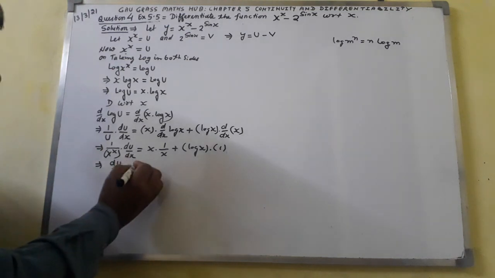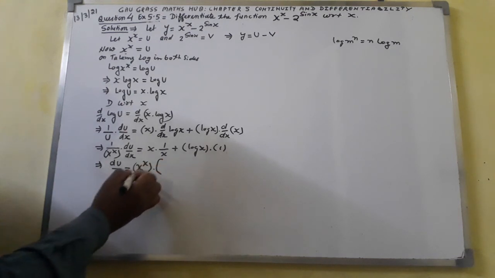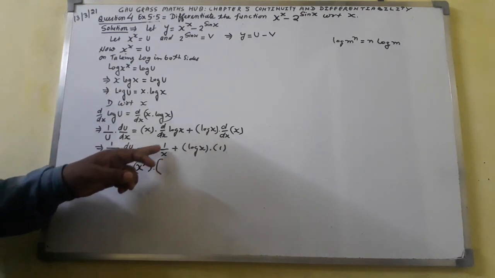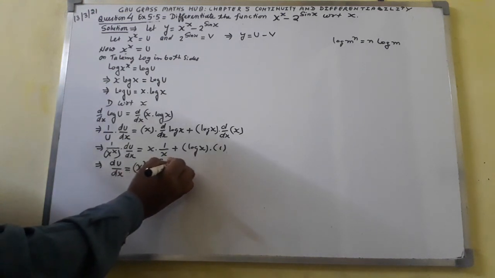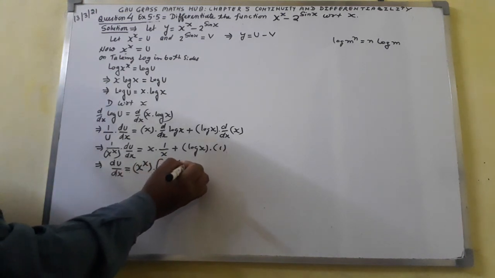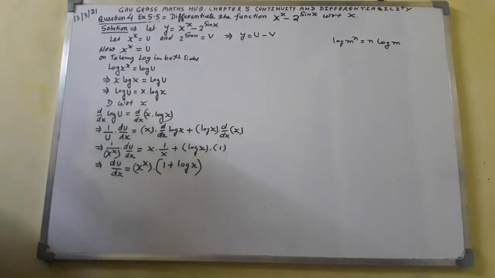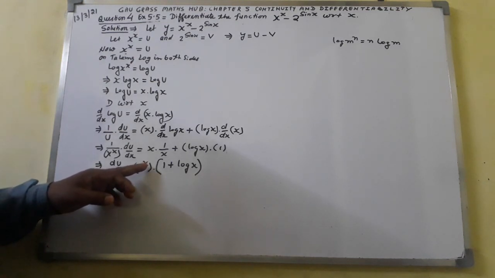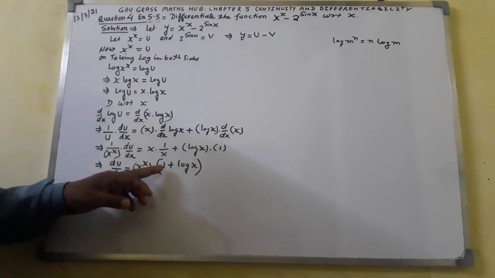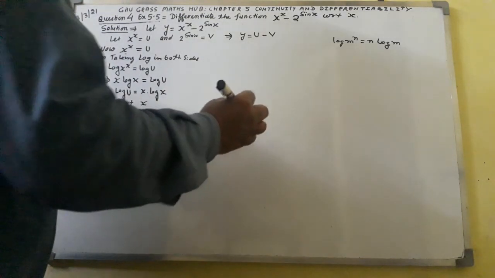So here I shall write x raised to power x, in bracket I shall write x dot 1 over x comes out to be 1 plus log x. So you have got du over dx equal to x raised to power x dot 1 plus log x.